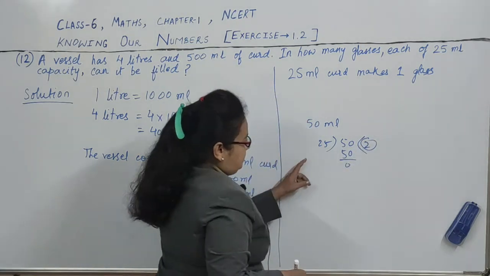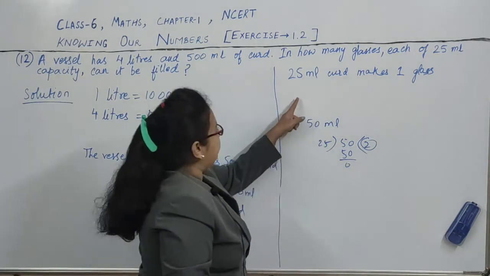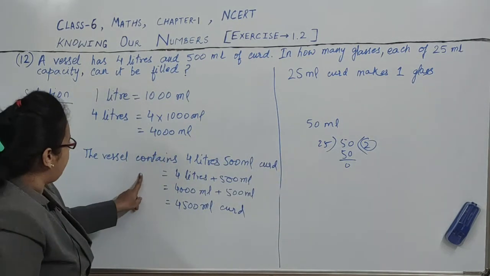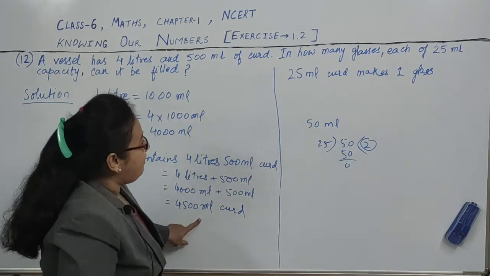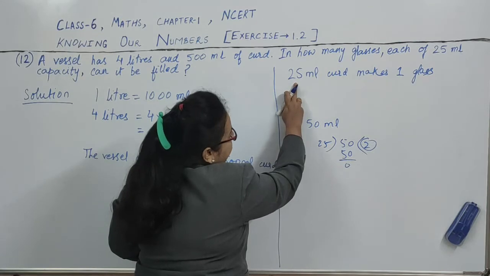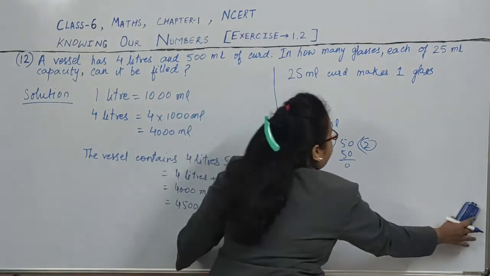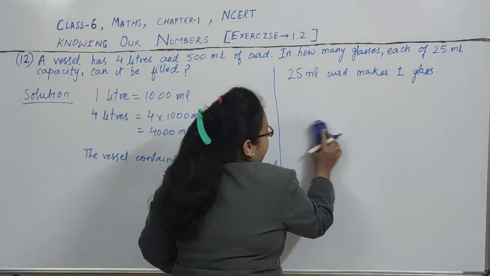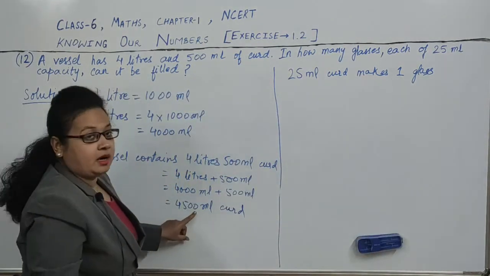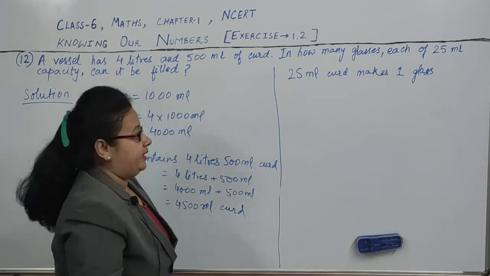So here we will divide the total amount of curd which the vessel contains by the amount of curd contained by one glass, and then we will get the number of glasses in which the total amount of curd can be filled.